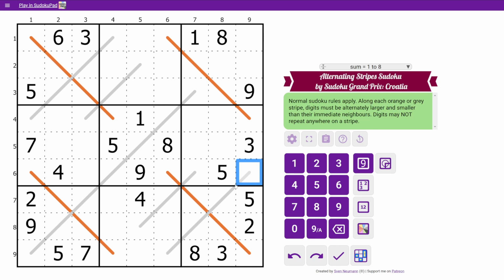No, just along the line. Right, because that one can't be smaller and larger than those two. So it's along the line, they have to be smaller than one and larger than the other, I think.